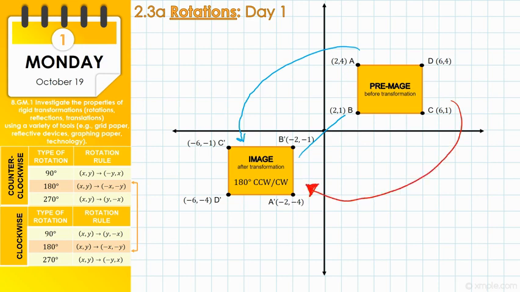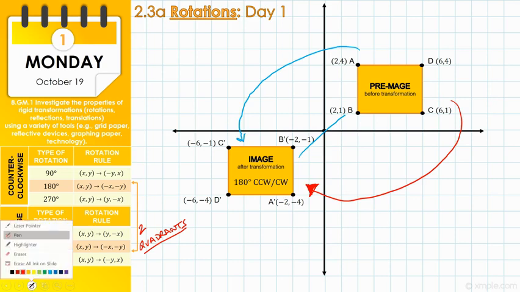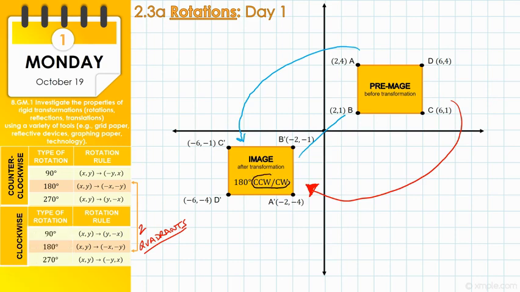So 180-degree rotation, 2 quadrants, every time. So in this instance, you will never see a 180-degree rotation listed as clockwise or counterclockwise. It is simply a 180-degree rotation.